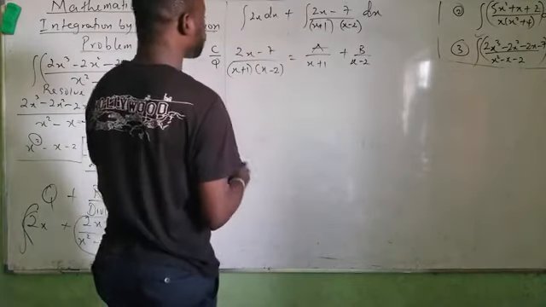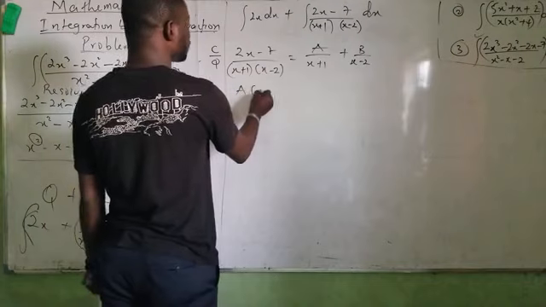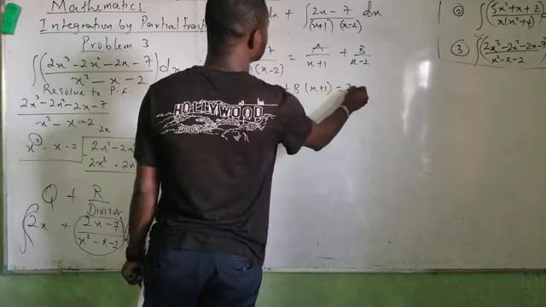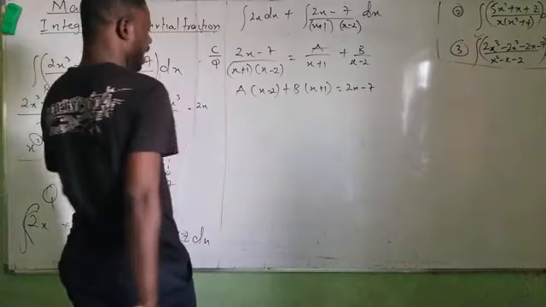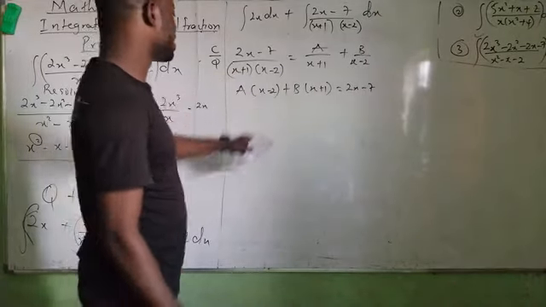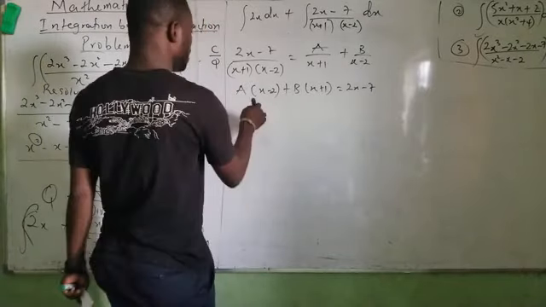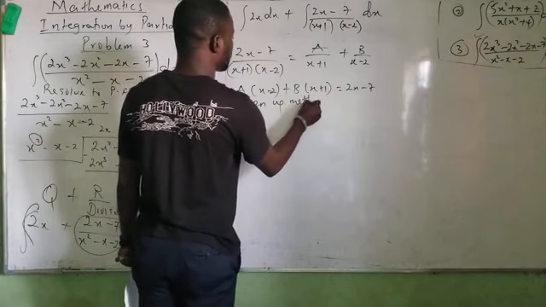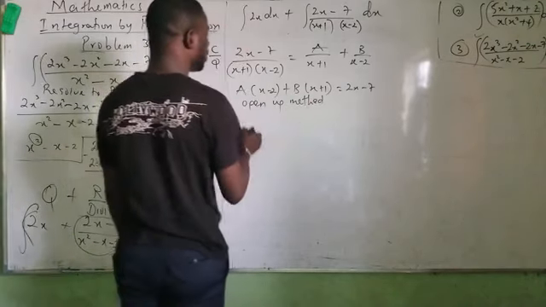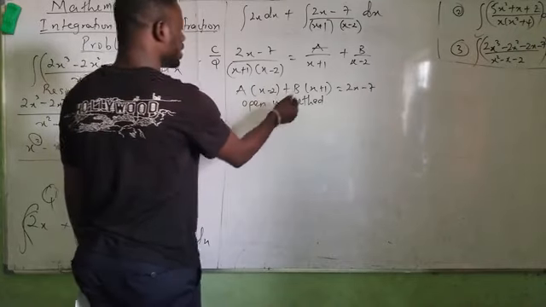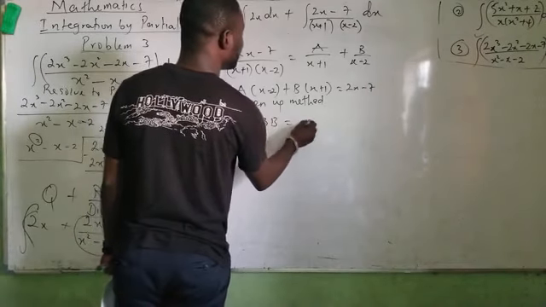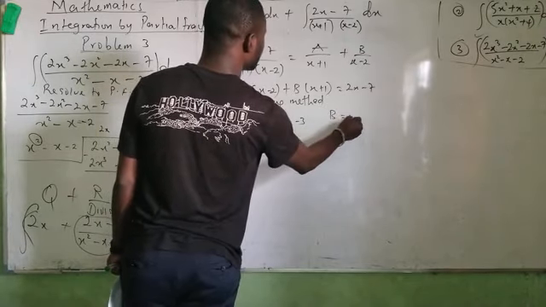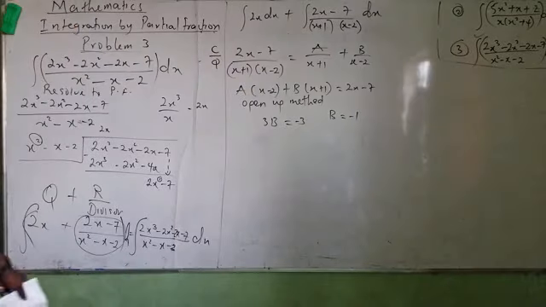Now, at this point, A(x − 2) plus B(x + 1) equals 2x − 7. Let x equal 2. It means I'll have 3B equals minus 3, so my B equals minus 1. Yes, my B equals minus 1.